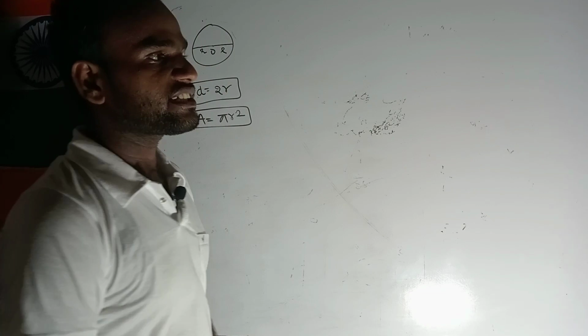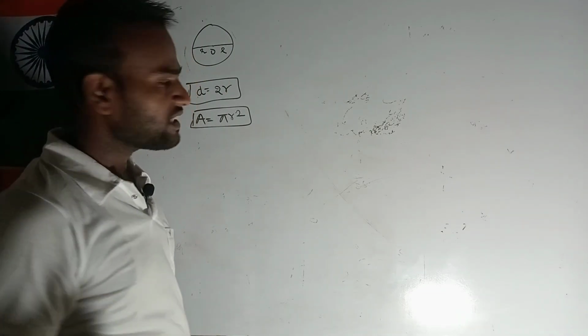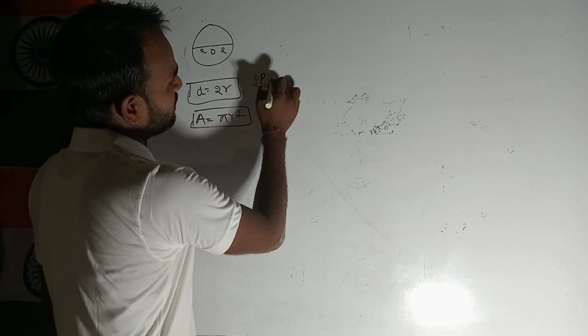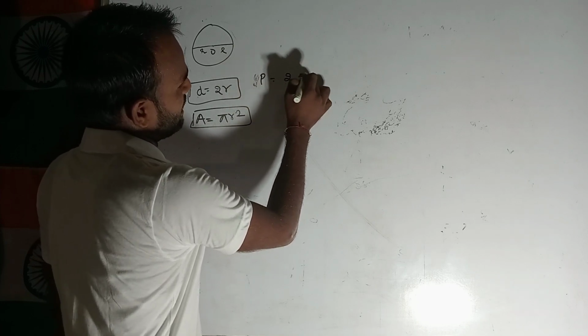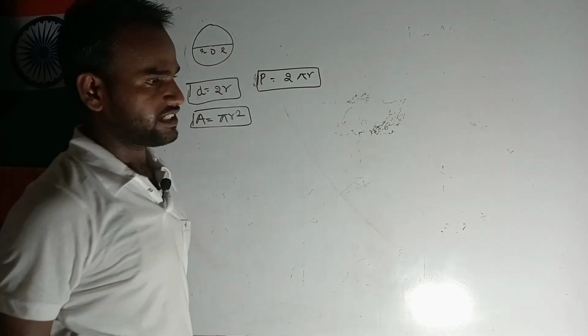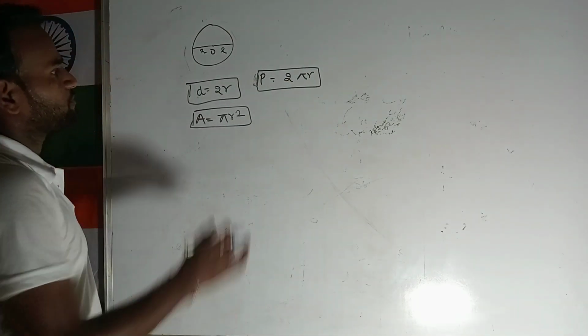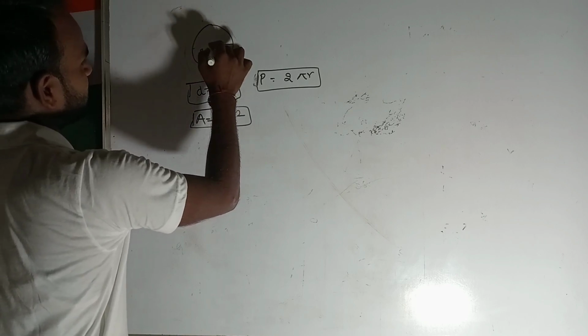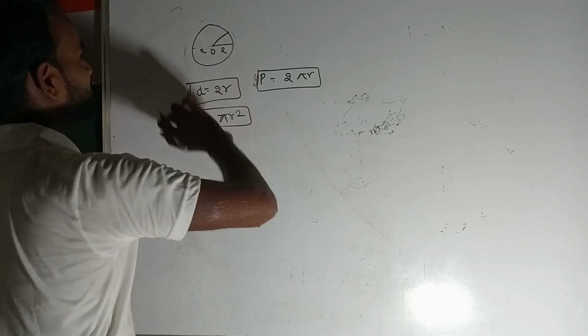The next thing is, what is the perimeter of the circle? The perimeter of the circle, P for perimeter, is 2 pi r. Now moving to the next point, I will draw another radius which splits off some area.